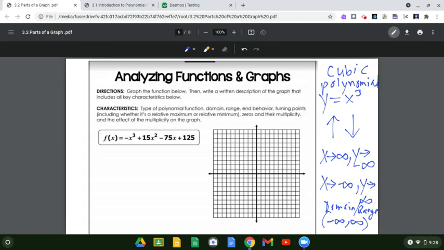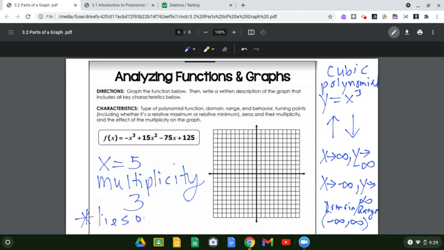So I'm going to go back here. x equals 5, the multiplicity is 3. Make yourself a little note: lies on the x-axis. Remember, we said double root bounces, triple root lies on.